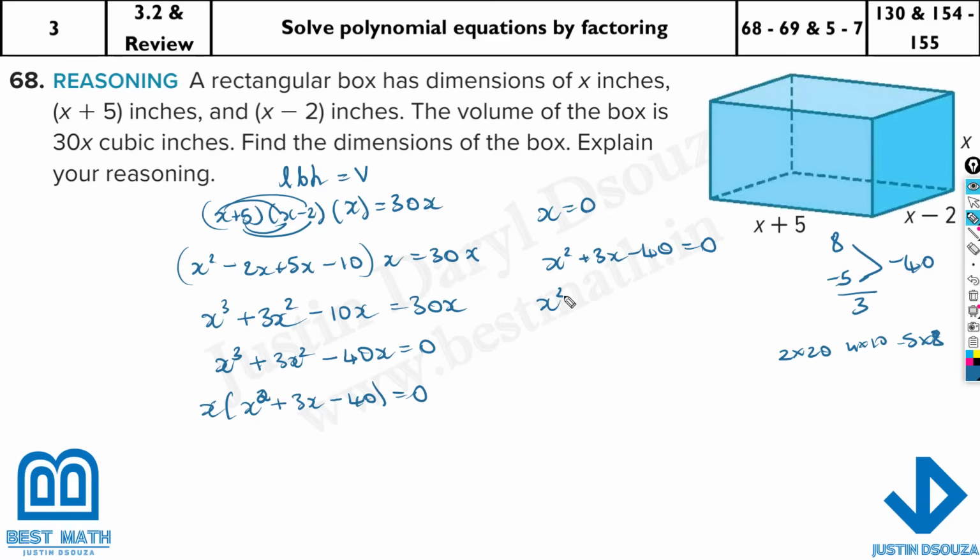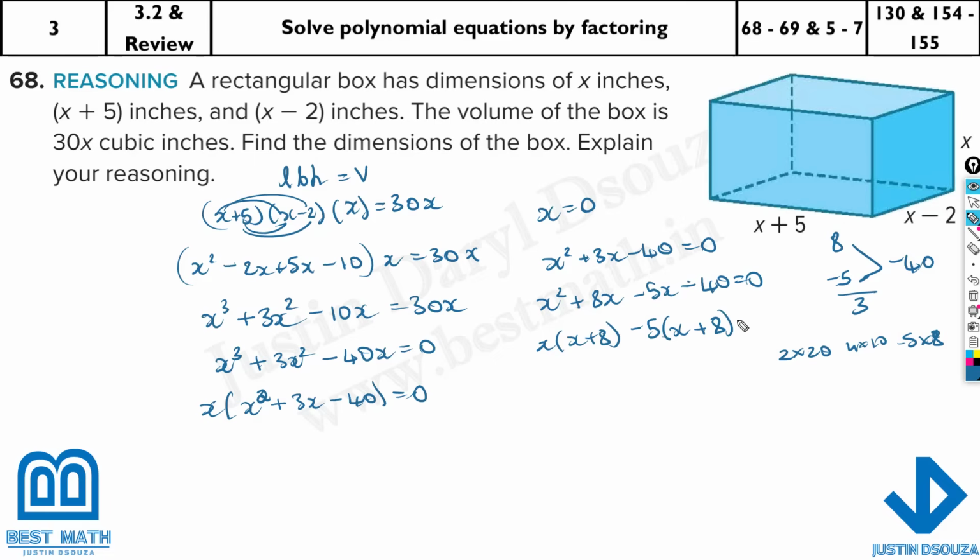So here we can split the middle term as 8x minus 5x minus 40, that is equal to 0. Now we can take the common terms out. What is common? It's x plus 8, because I've just taken x out of these two terms. And from here, I'm going to take minus 5, so I get x plus 8 itself.